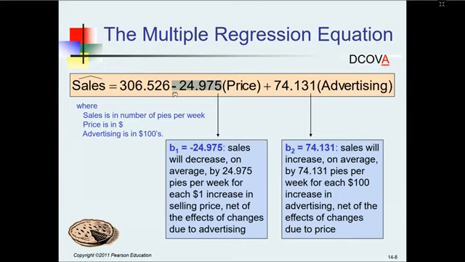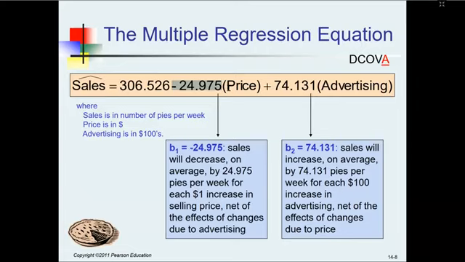So what is the interpretation of this minus 24.975? The interpretation is that when you increase price by 1 unit, suppose the pie is selling at, let's say, $1 or $2 and you increase it to $3, we say there is a 1 unit increment.